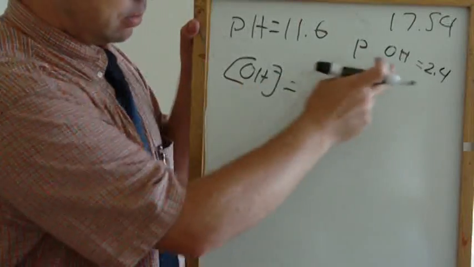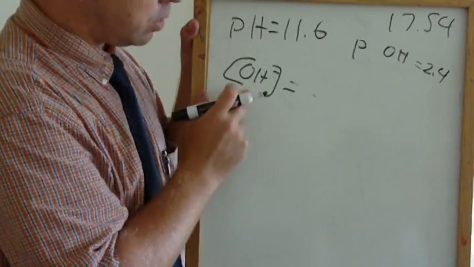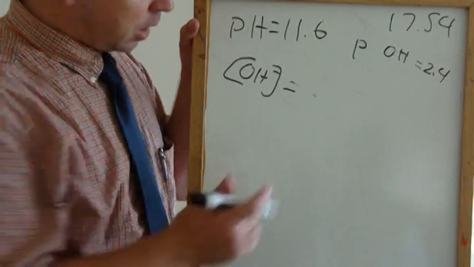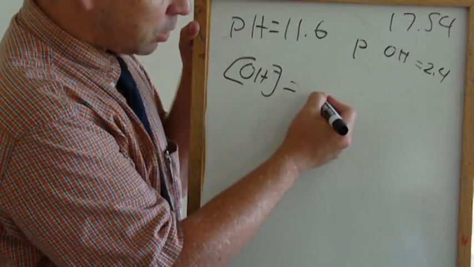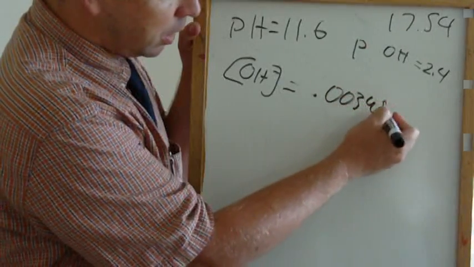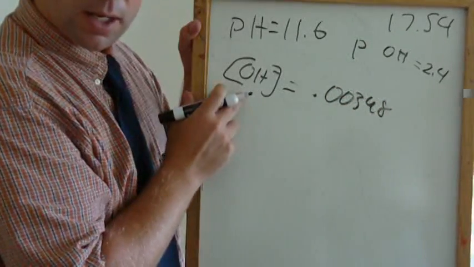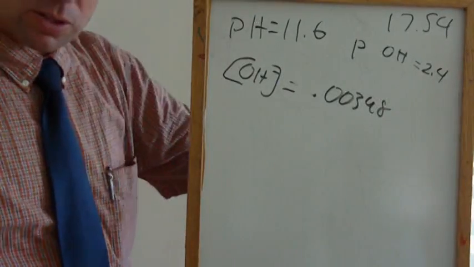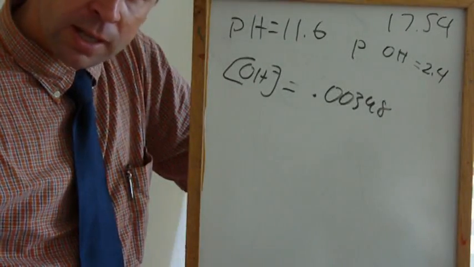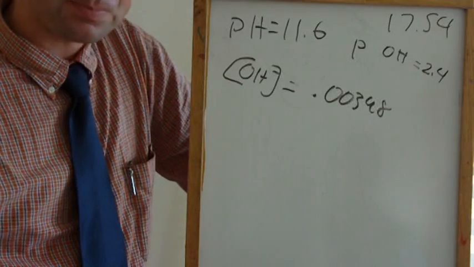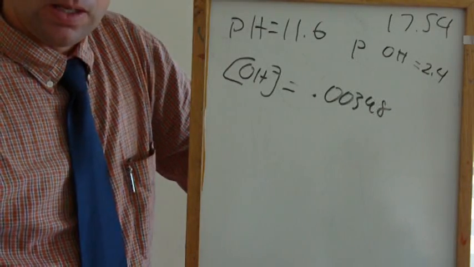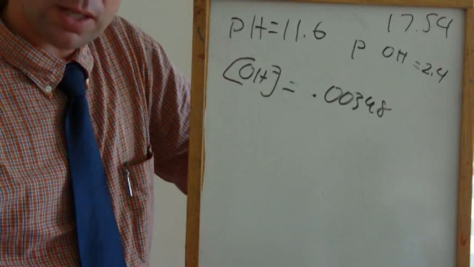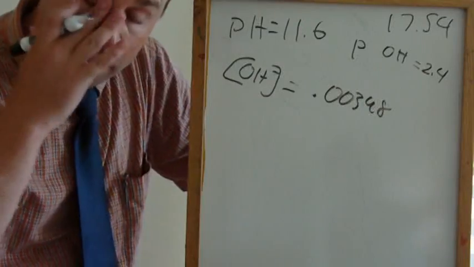Now, to find the hydroxide ion concentration, we take 10 to the negative 2.4, and that'll tell us the hydroxide ion concentration, which is 0.00398. For every hydroxide ion, though, you see here we're using calcium hydroxide, so you got to pay attention to that. Calcium hydroxide has 2 hydroxide ions for every 1 mole of calcium hydroxide, right?